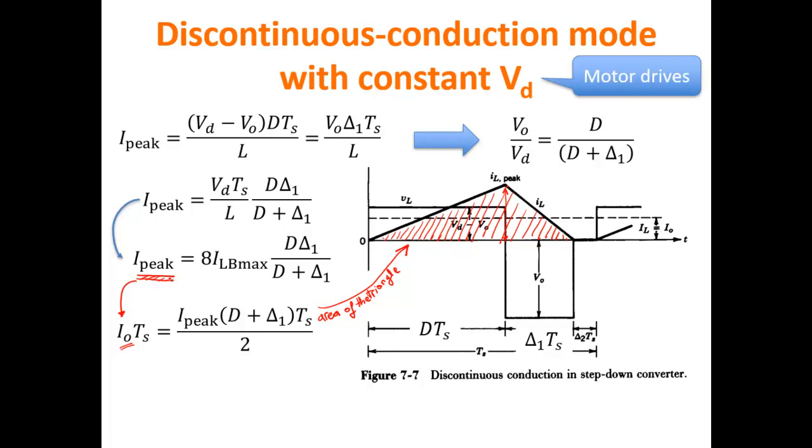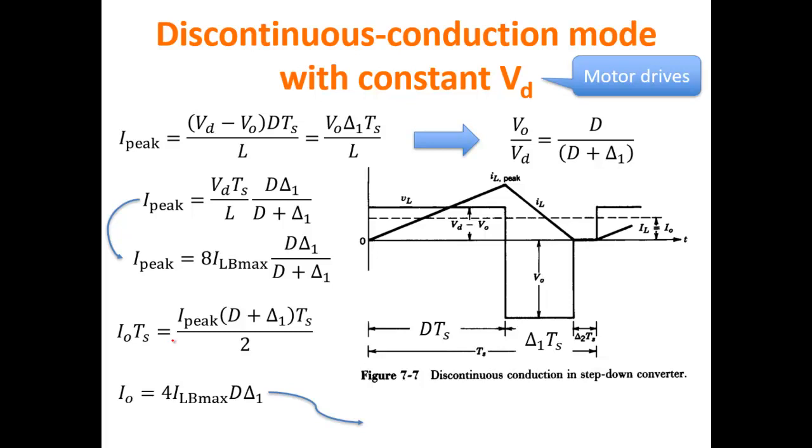I first have expressed the current peak as a function of the duration of the different phases. Then I can express the average current as a function of the peak. And as you can imagine, what I can do now is simply substitute I peak from here to here.